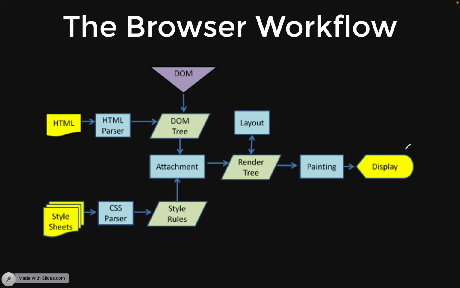The same thing will happen for the CSS files, if there are any. The browser will get the CSS files and parse the CSS rules and convert them into a language which is browser or machine understandable. Parsing here, for HTML, CSS, or even JavaScript, doesn't only mean converting it to a machine-understandable language.